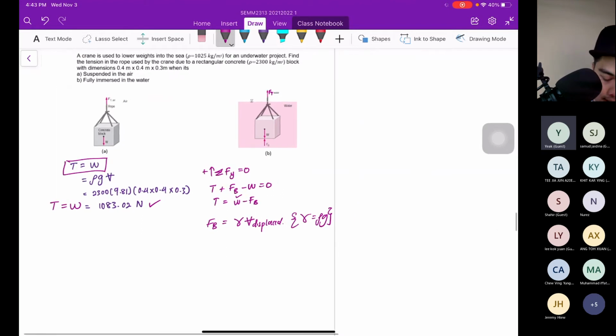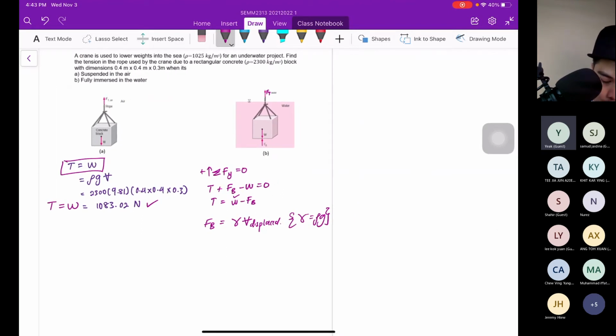So rho of sea water, gravity, and V displaced. So rho of sea is 1025, gravity 9.81.